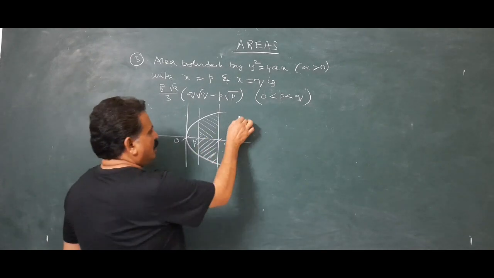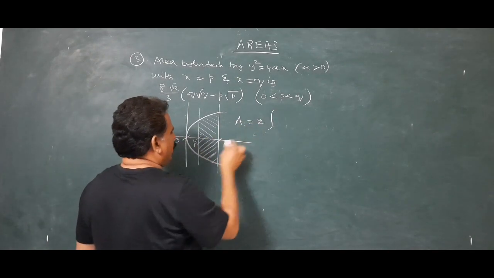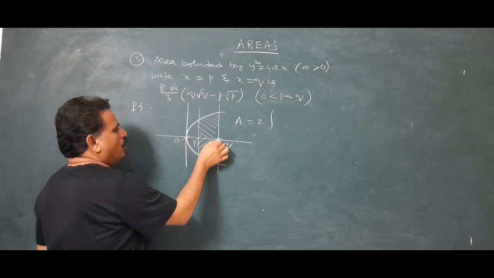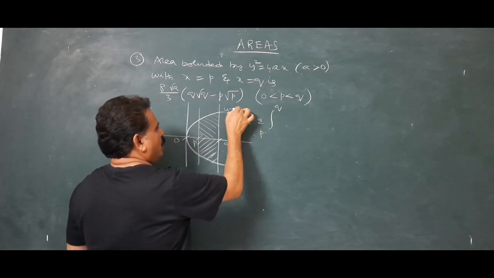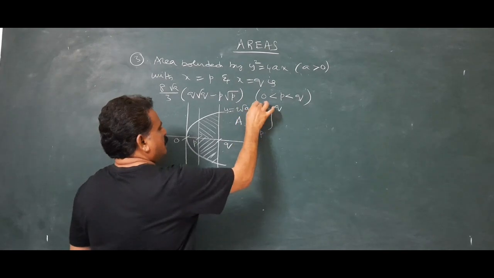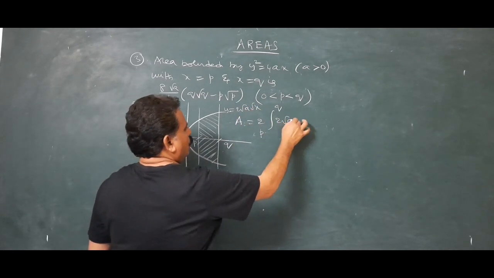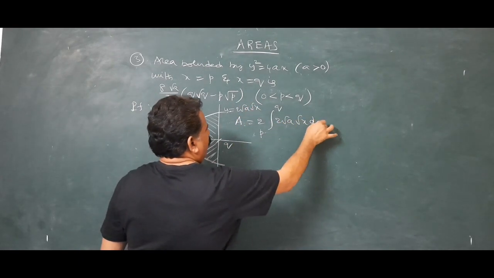That is nothing but area equal to 2 times the integral, actually we are taking p to q. It is y = 2√a√x, so 2√a√x dx.